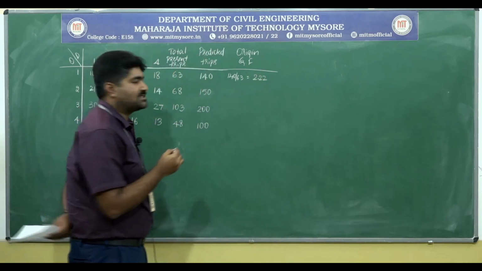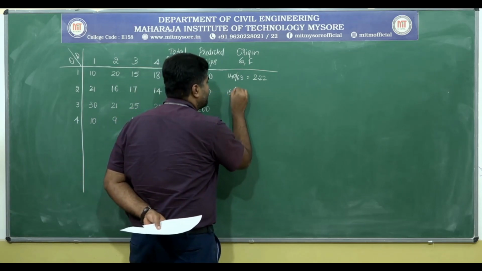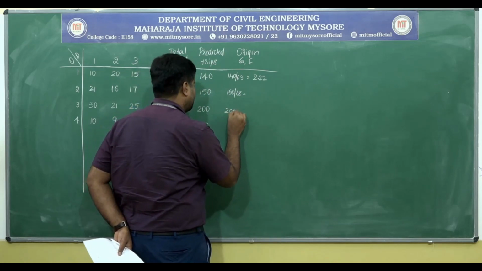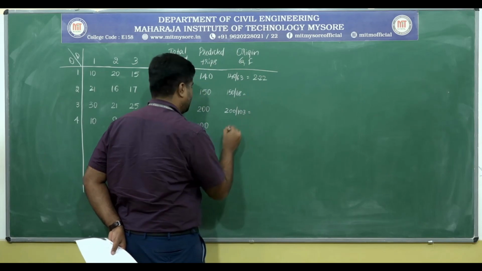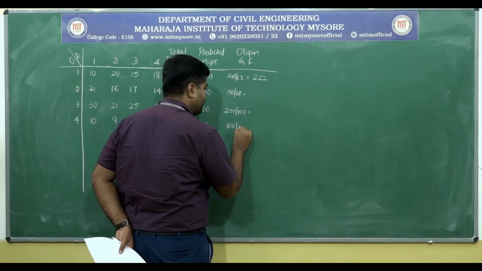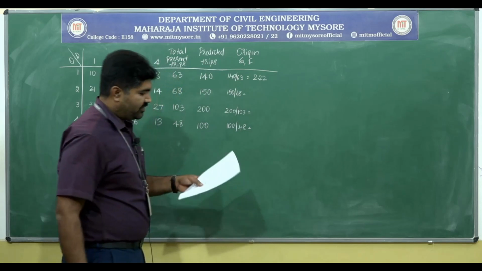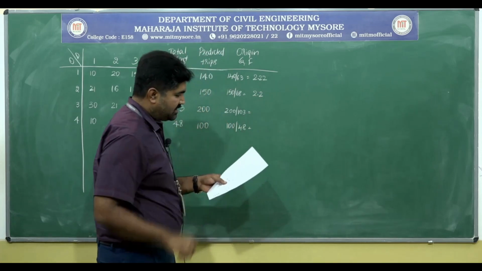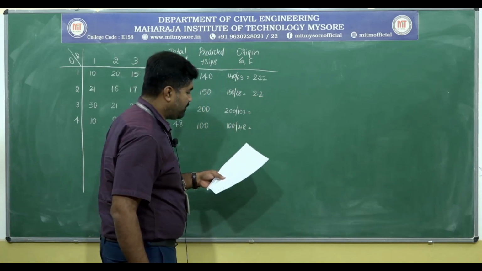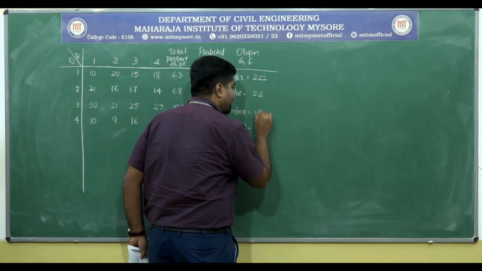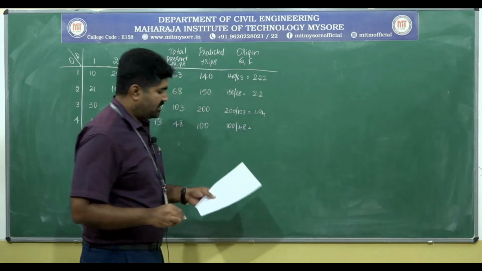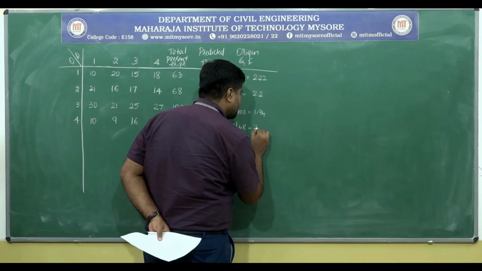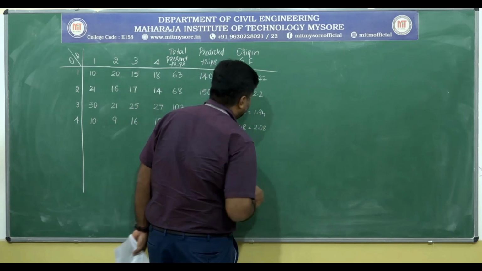Similarly 150 divided by 68, 200 by 103, 100 by 48. 150 by 68 you will get 2.2. Next for 200 by 103 you will get 1.94. Lastly 100 divided by 48, it is 2.08.